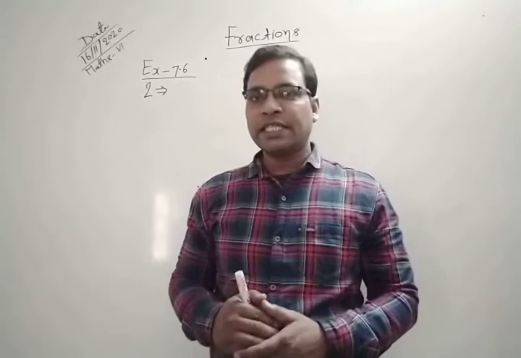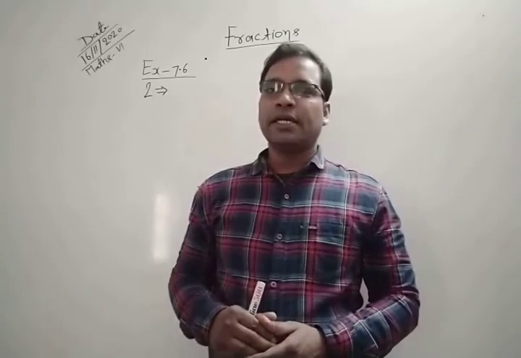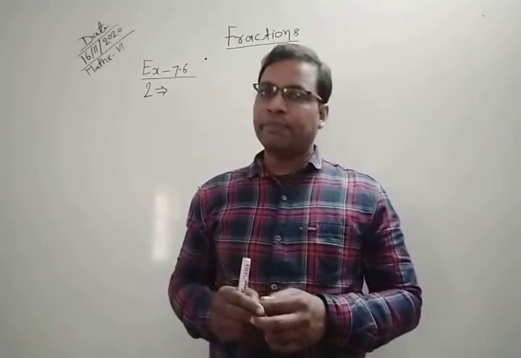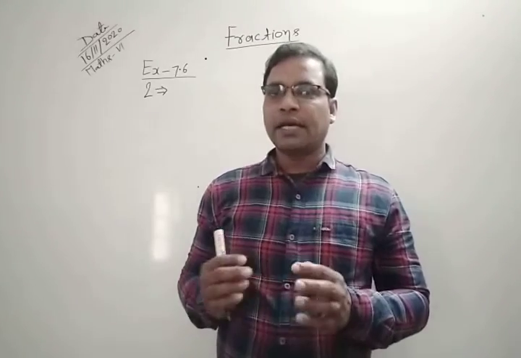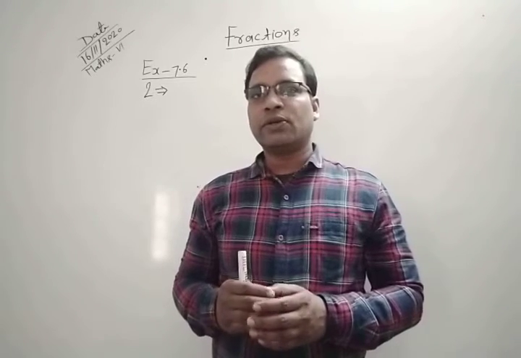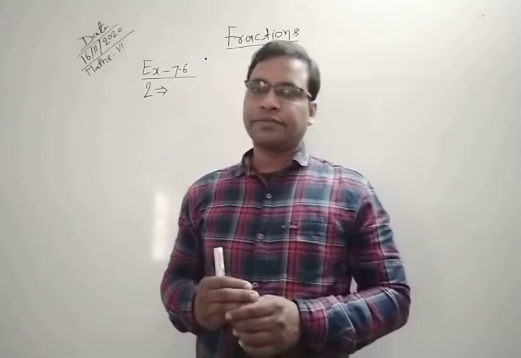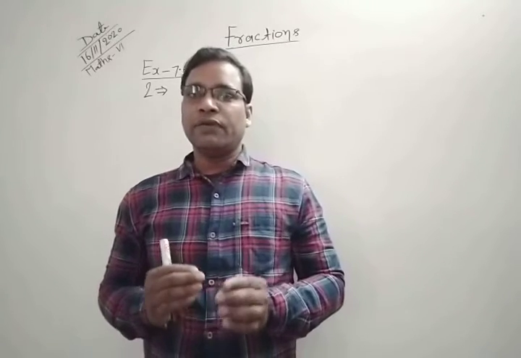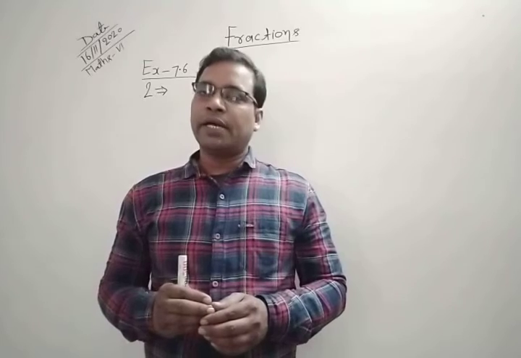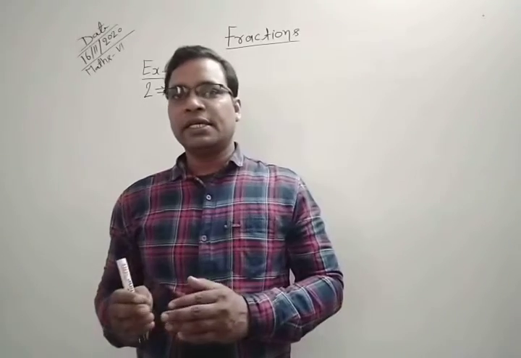So in this question, it is given that the length of ribbon bought by Sarita is 2 by 5 meter, and the length of ribbon bought by Lalita is 3 by 4 meters. So here we need to find the total length of the ribbon bought by Lalita and Sarita.